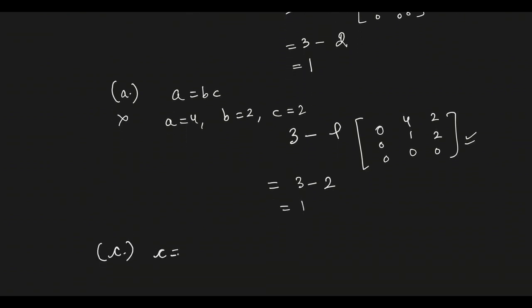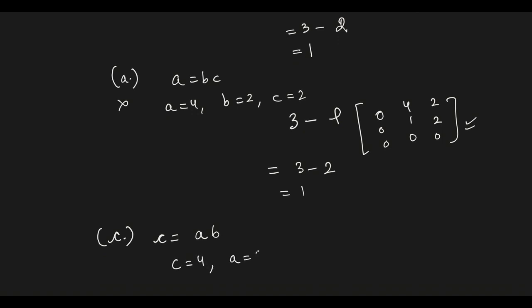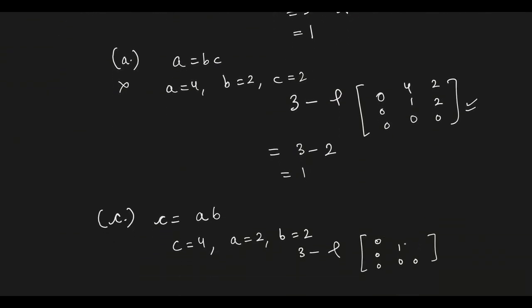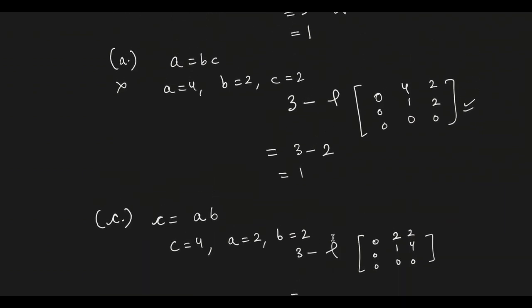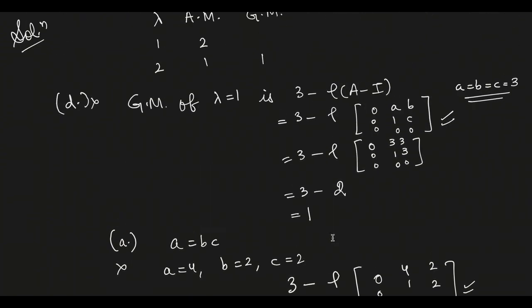Let us check further. C is equal to A B. If I take C as 4, A and B as 2, then A equal to B C can be correct. How? If I take lambda as 2, then its GM should be 1 because AM is 1.